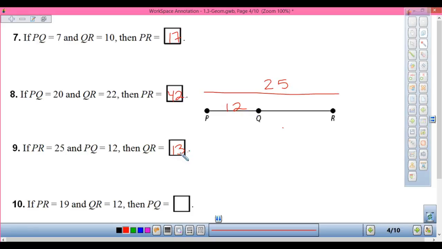All right, so now PR is 19. Tells us QR is 12. Yeah, so what does PQ have to be? 7. Questions? Oh, so far so good.